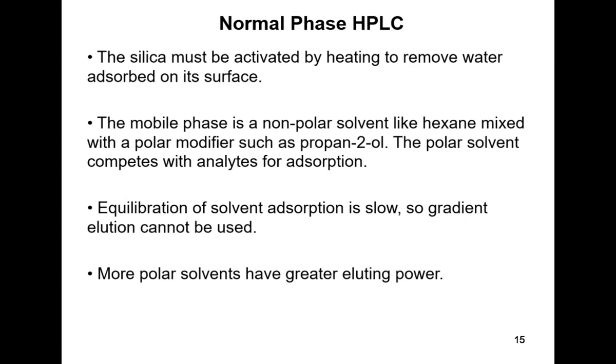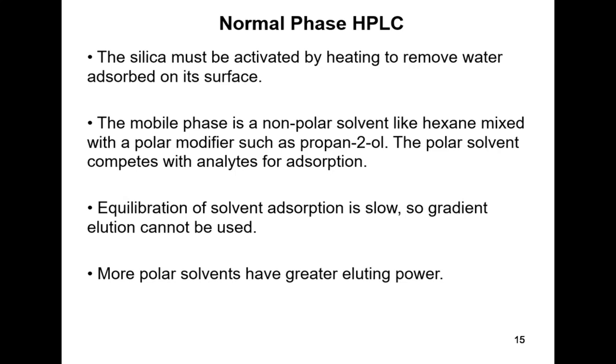And the idea here is that this competes with your sample molecules for binding to the silica surface. So it helps to move your sample molecules along. It displaces them from the silica surface so they can get pushed back into the mobile phase. They can move along a little bit further before they stick back to the silica surface. So you get this constant competing equilibria of the sample molecules bound to the silica or the polar solvent molecules bound to the silica.